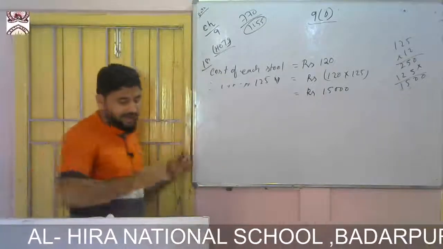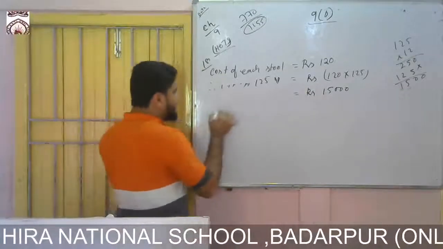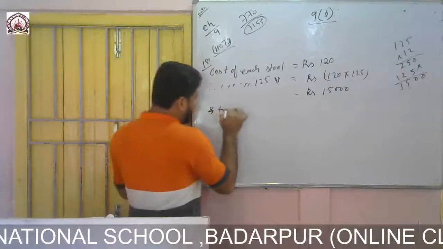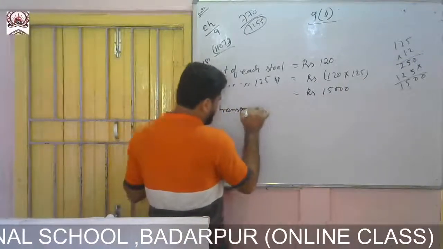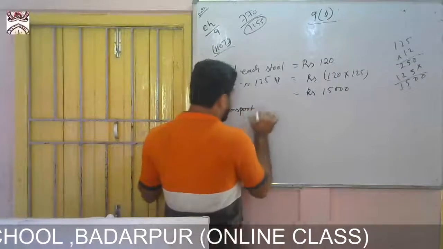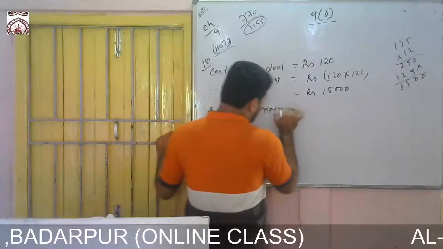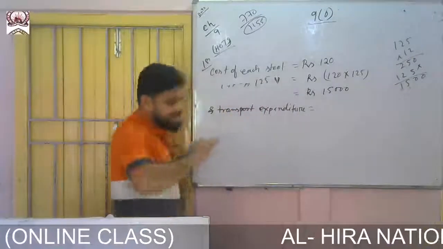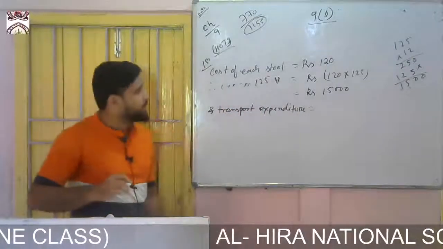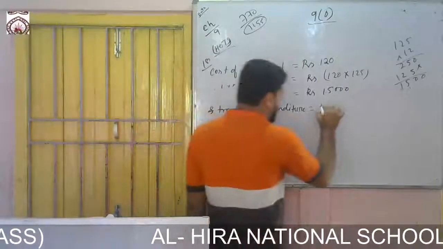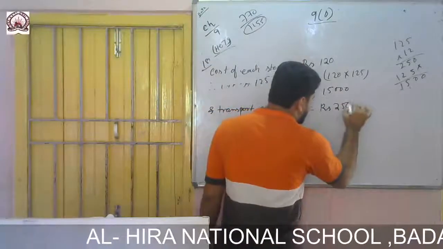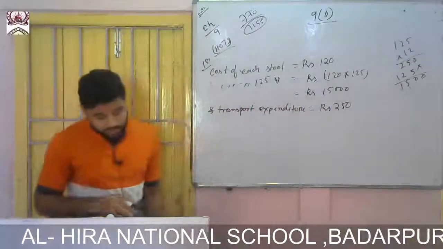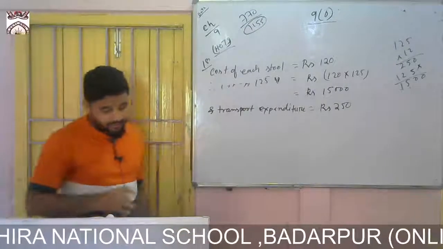Now write, transport expenditure equals rupees 250. It is given as rupees 250.